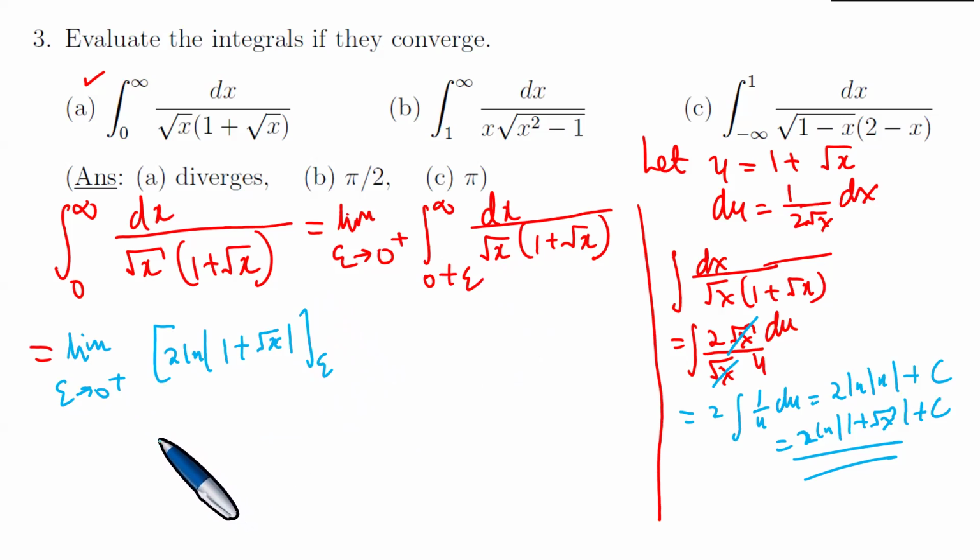But now there are a couple of things that you need to take into account here. It is undefined here, but it is also going to be undefined up there. Or rather, it is an improper integral at the top as well.